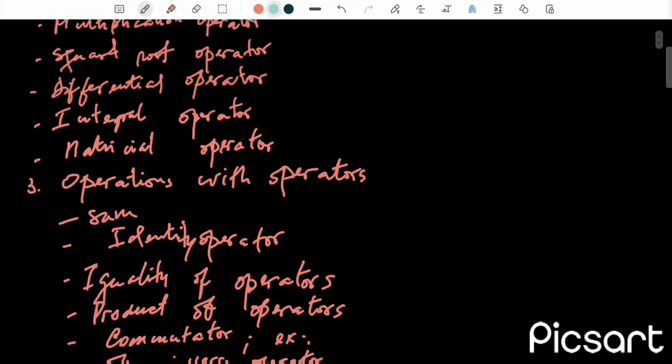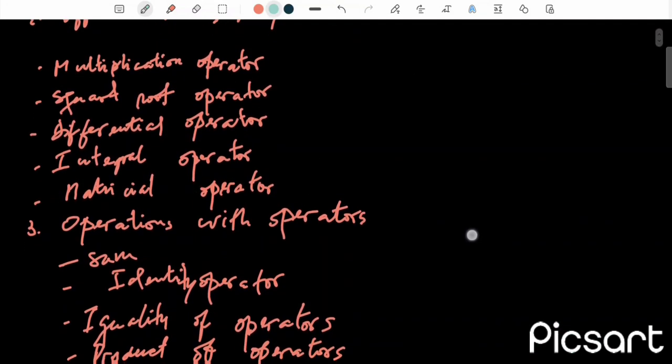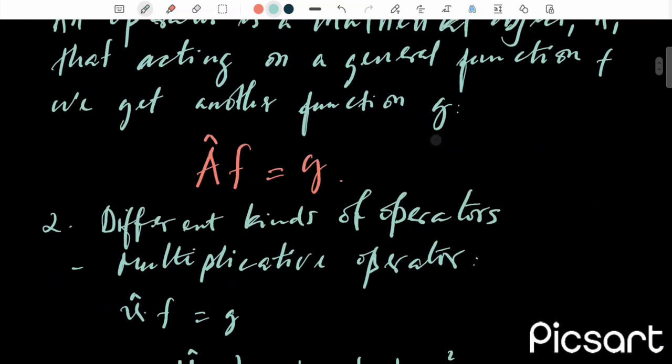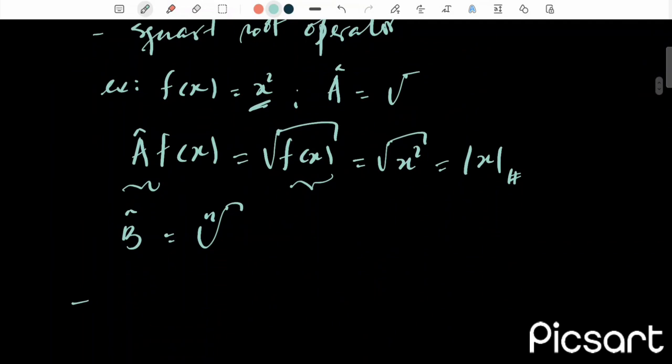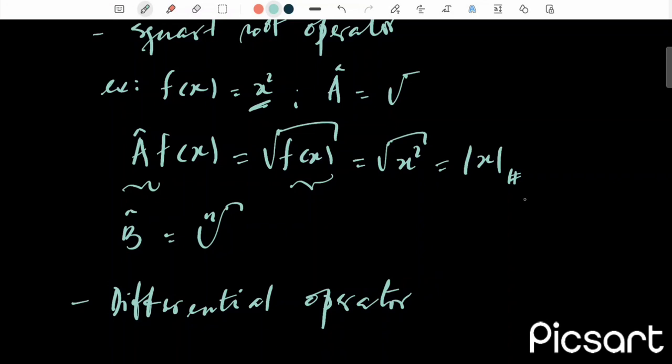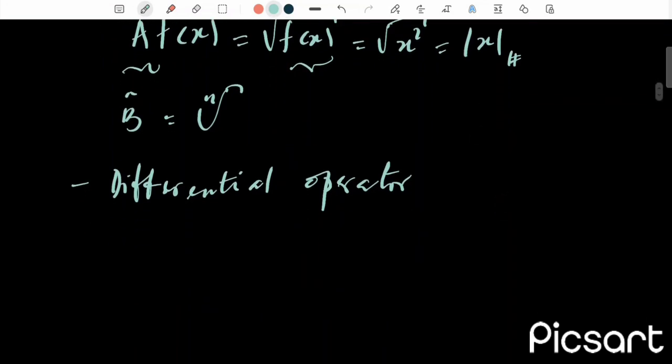We go on talking about the differential operator and integral operator. The differential operator, as the name tells us, is a derivative.